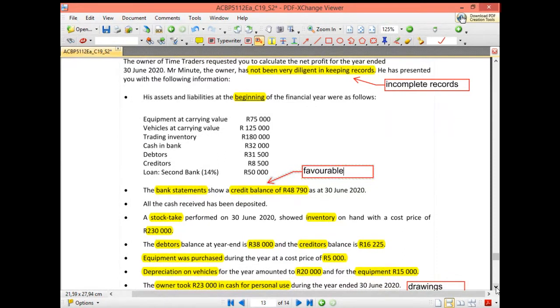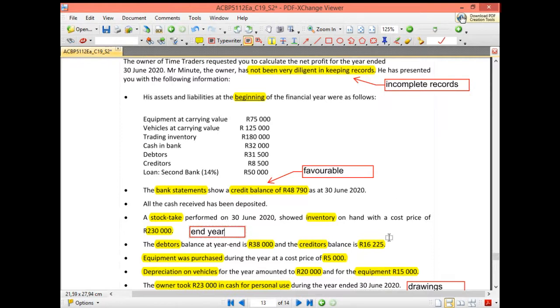They tell you a stock take performed on the 30th of June shows inventory on hand at a cost price of 230,000. So this is the balance as at 30 June, the balance at the end of the year, or what it should be. Then they tell you the debtors balance at the end of the year is 38,000.